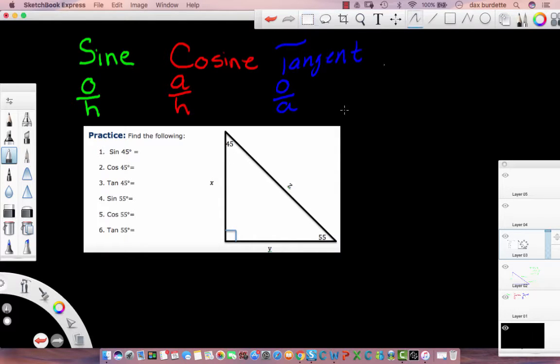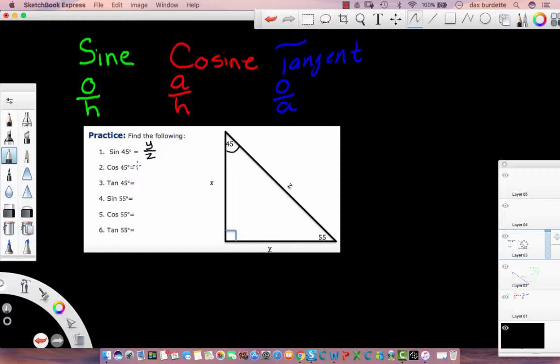So if we look at the angle 45 degrees, opposite would be y. So sine 45 degrees would be y over, what's that, the hypotenuse? Obviously the hypotenuse is z. So sine 45 degrees would be the y side length over z, which is the hypotenuse.